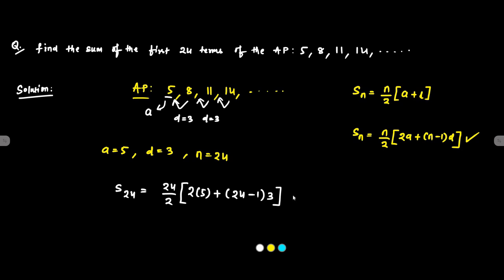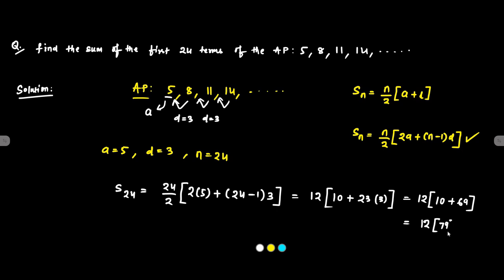This is equal to 12, since 24 by 2 is 12, into 10 plus 23 into 3, which is equal to 12 into 10 plus 69, which is equal to 12 into 79.